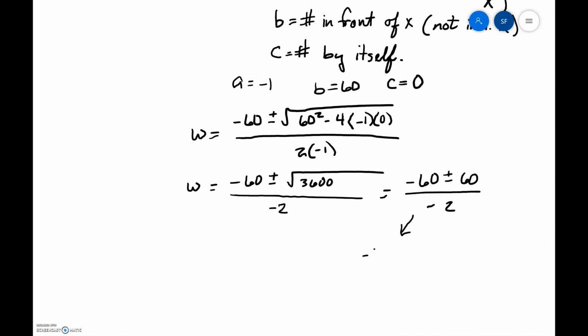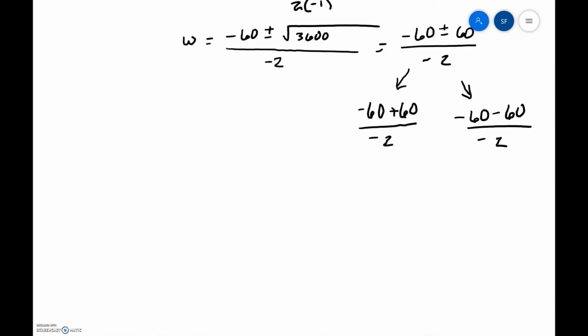We've got a -60 plus 60 divided by -2, and we've got a -60 minus 60 divided by a -2. Let's go ahead and simplify both of those out. So a -60 plus 60 is 0 divided by -2, or just 0. And a -60 minus 60 is a -120 divided by -2, which is 60.